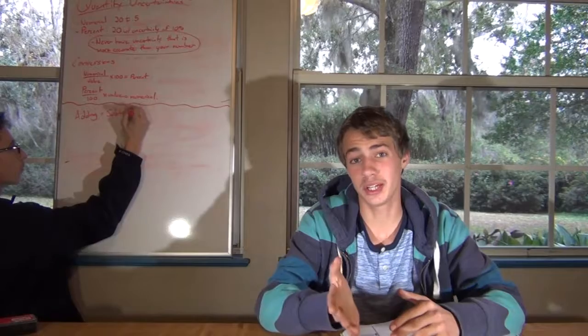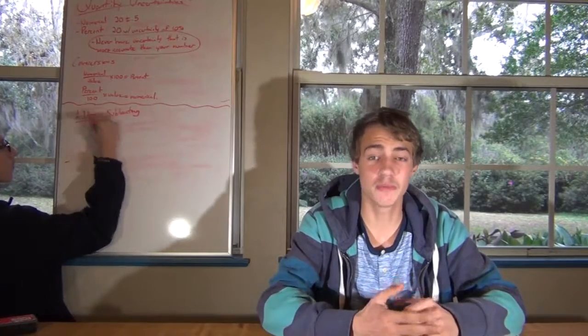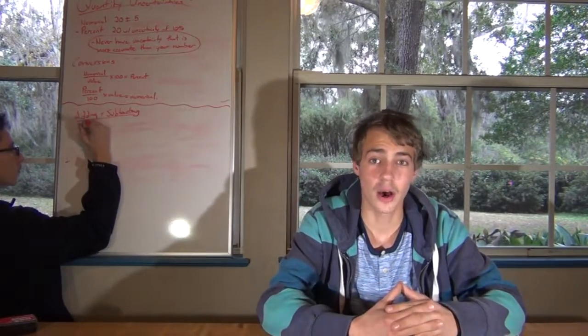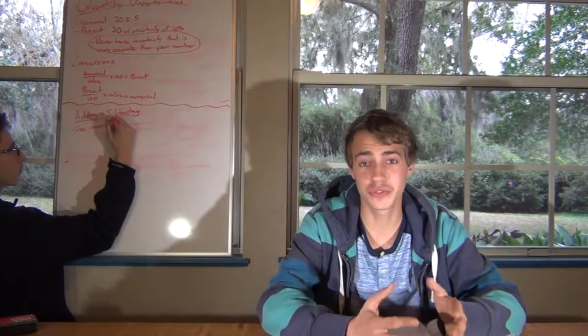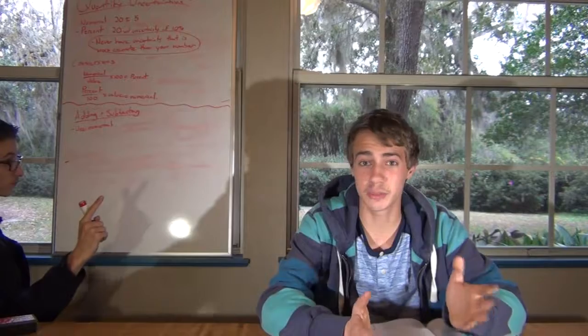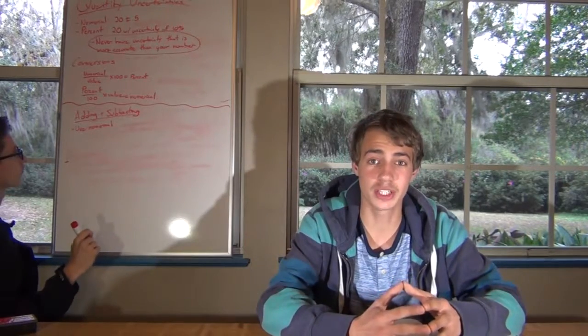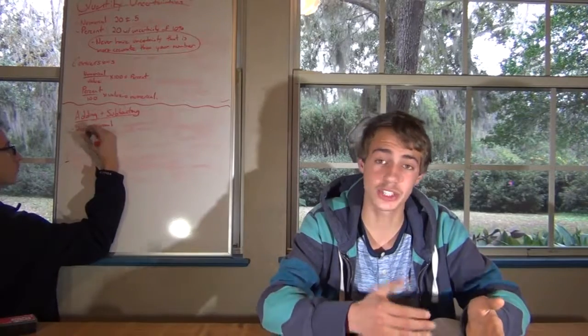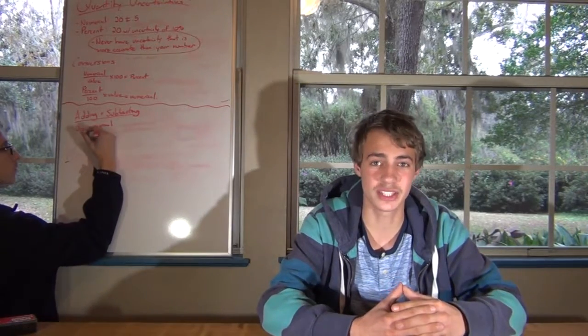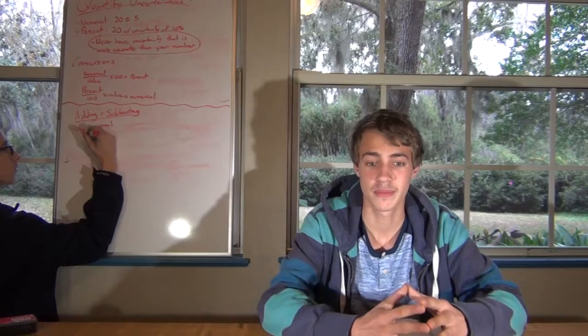Now, when you're multiplying or dividing, you're going to want to convert your uncertainties from integer uncertainties into percent uncertainties. And then, once you've converted them, all you have to do is complete your equation, and then you're going to be adding or subtracting, depending on whether it's multiplication or division, your percent uncertainties.